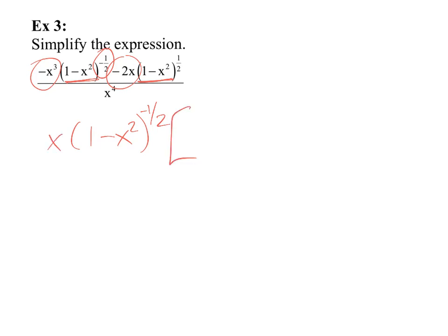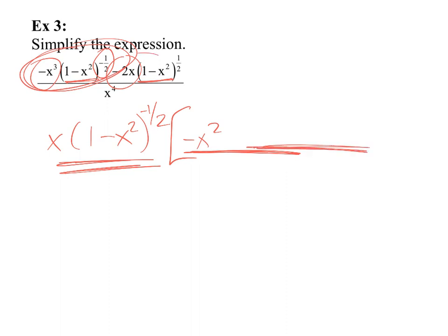All right, so this times what gives me this? It's going to be negative x squared, and that's it. All right, and then this times what gives me this? It's going to be negative 2 times 1 minus x squared.